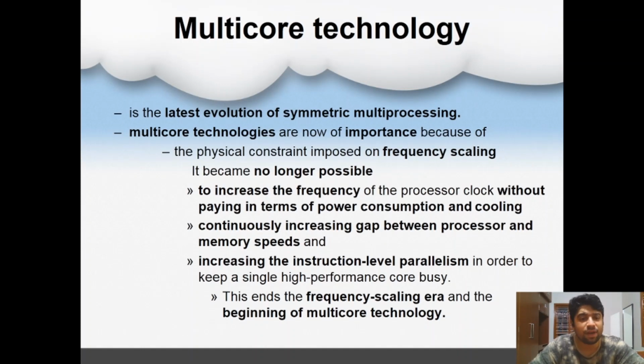It is very difficult to handle a continuously increasing gap between the processor and memory speed. Increasing the instruction level parallelism in order to keep a single high performance core busy is also very difficult. So this ends the frequency scaling era and begins the era of multi-core systems.